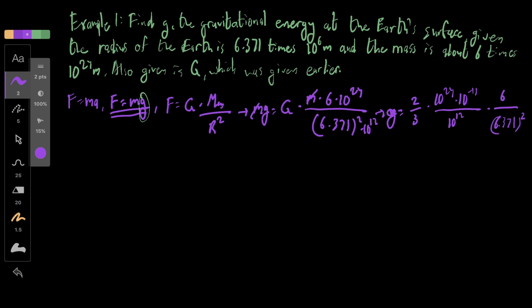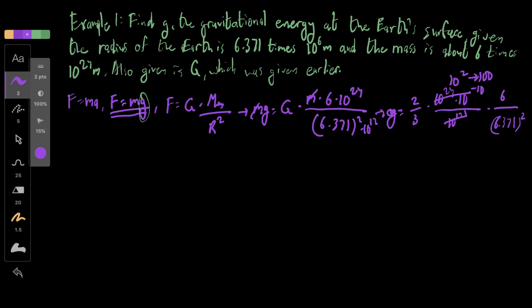So over here, what we get is 10 to the power of 1. And also, oh, sorry, I got the value of G wrong. G should be 10 to the negative 10th, not the negative 11th. Sorry. So then this becomes 10 to the power of 2, or 100.